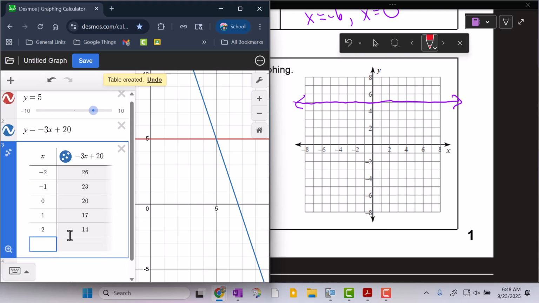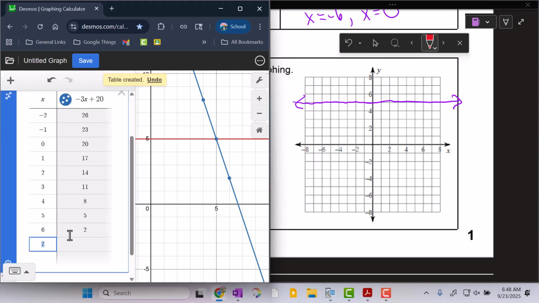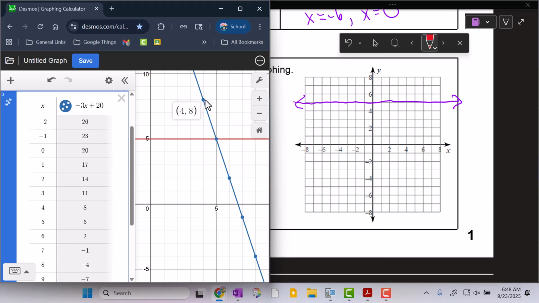Nah, those are still too big. They don't show up. All right, now we got some points. So I think we can do 4, 8, barely. We can do 5, 5, which of course is our intersection. And we need at least one more so we can have a decent line, and that's 6, 2.